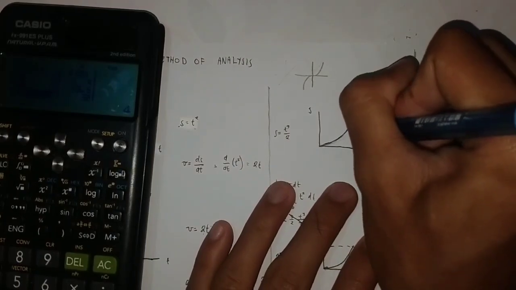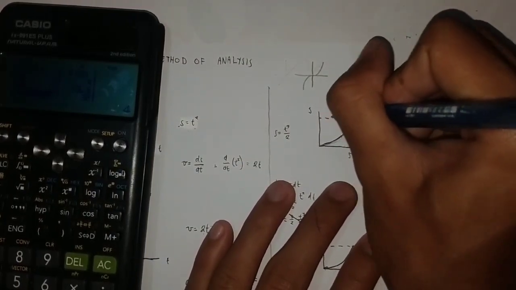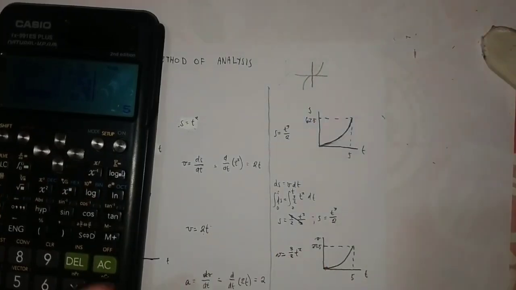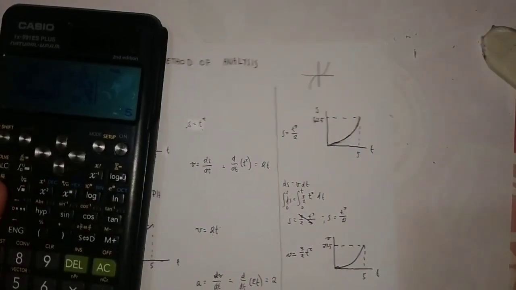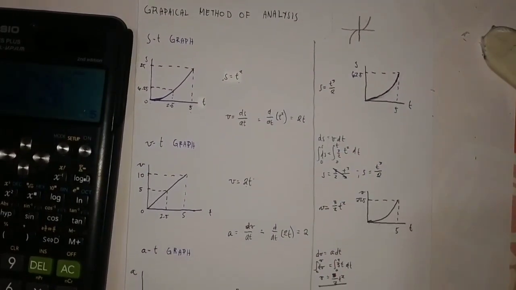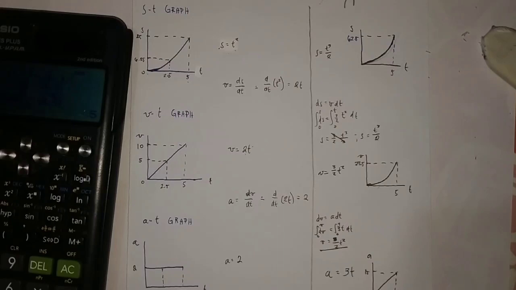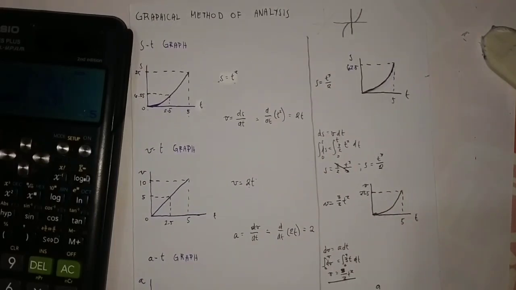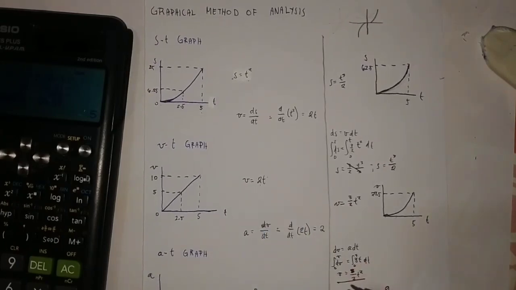So at time 5 seconds, our displacement is 62.5. You can get the value by substituting the value of time to your t here. So this is how you create a graph for your graphical method of analysis. If you are to read a graph, you have to know first its equation and then the behavior of the graph.